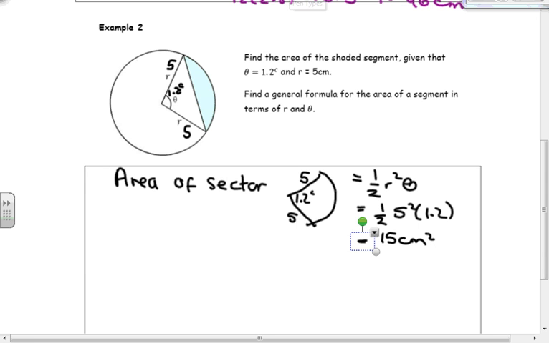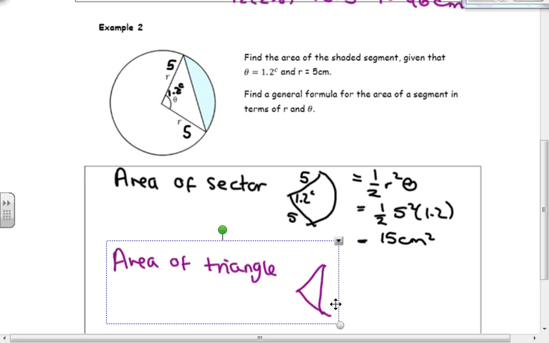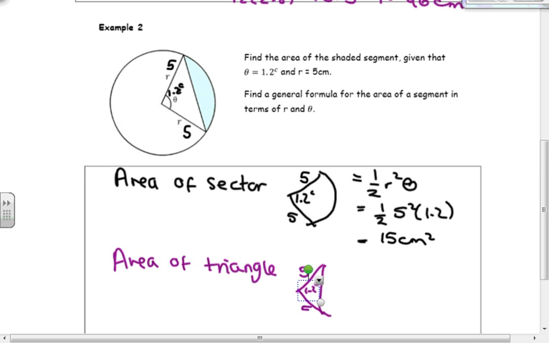So then we can go on to find the area of the triangle part. So area of the triangle, where the triangle is like that, where this is 1.2, this side is 5, and this side is 5. So we're finding the area of this part now.